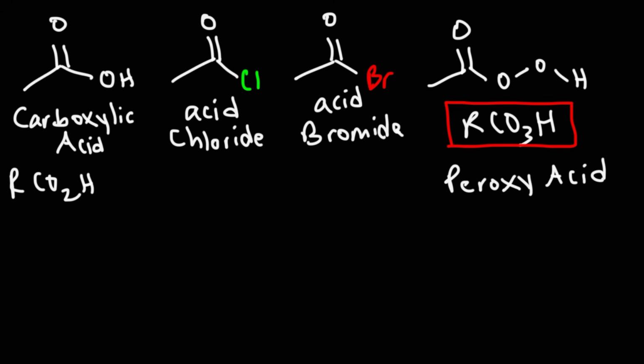Now, what's going to happen if we replace the oxygen with a sulfur atom? What do you call this? And what if we switch these two? What would you call that functional group?